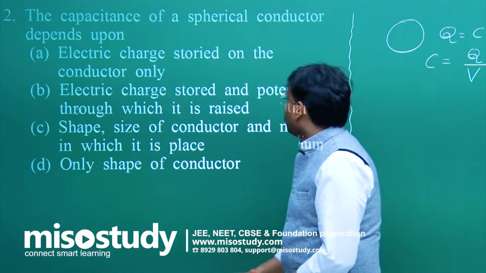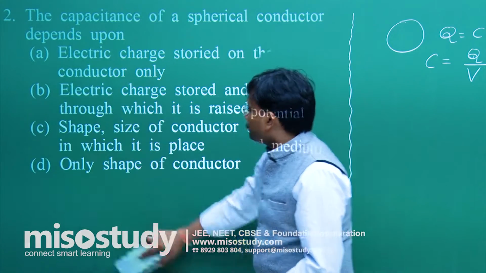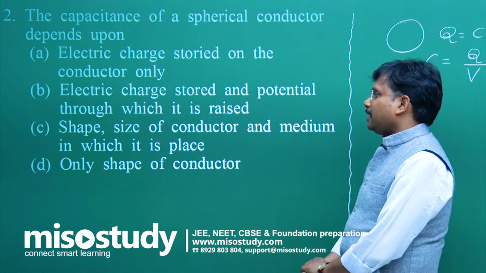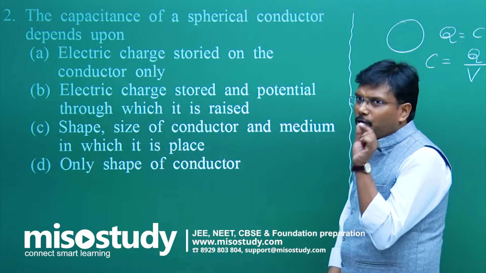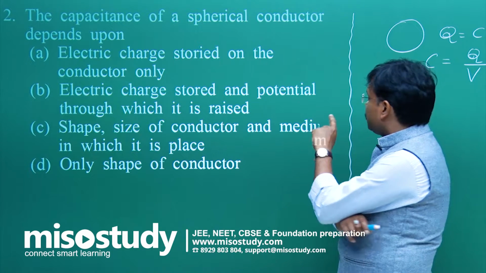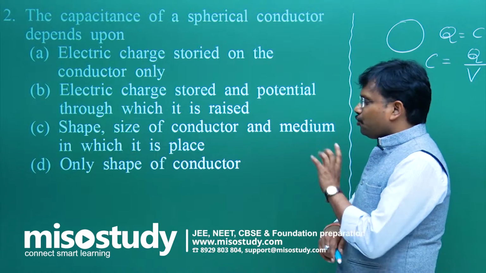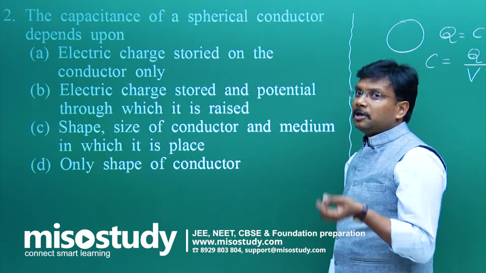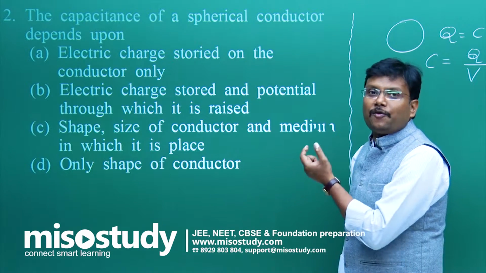Electric charge stored and potential through which it is raised. Fine. Now this may create some sort of confusion. Electric charge and potential, both terms are clear. So is it like that? Wait. Fine. This we put in the category of suspect.